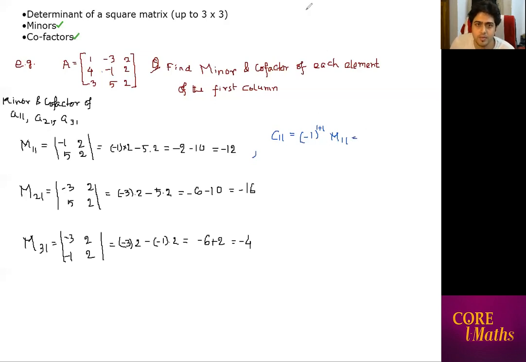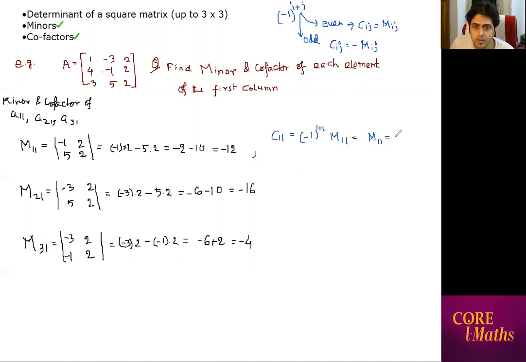So this is the shortcut trick: -1 to the power i plus j, if i plus j is even, then Cij has the same value as Mij, and for the odd case, Cij is minus of Mij, as the sign is interchanged. So -1 to the power 1 plus 1 is even, so the minor value will be the same as the cofactor value.